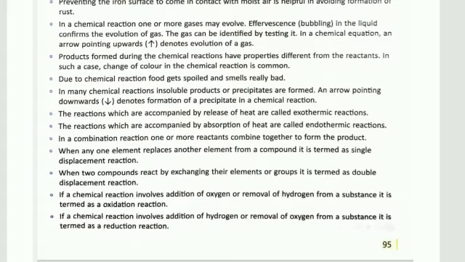In a combination reaction, two or more reactants combine together to form one product. When one element replaces another element, it is termed single displacement reaction. And when two compounds react by exchanging their elements, it is termed double displacement.